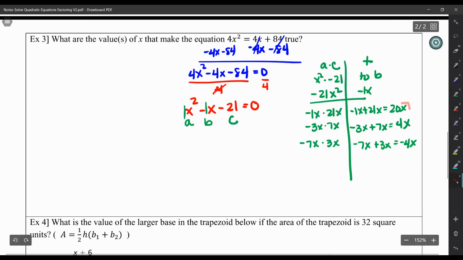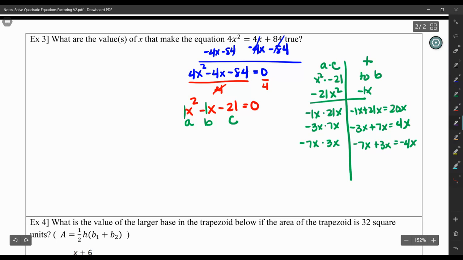And so this is something that actually cannot be factored.